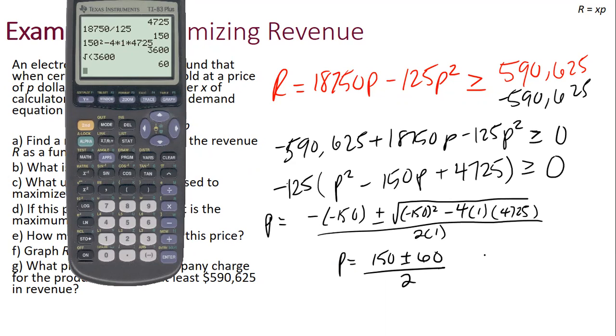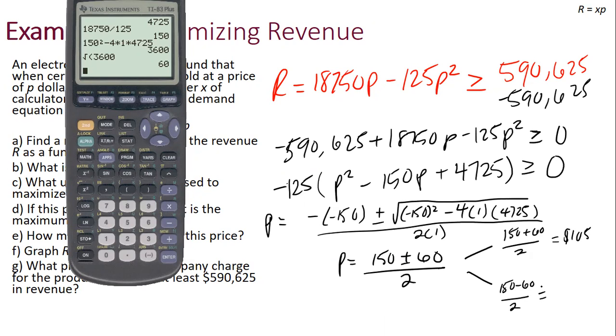So what are the prices that they would need to set? So we have 150 plus 60 divided by 2, then we have 150 minus 60 divided by 2. So 210 divided by 2 is 105. So $105.